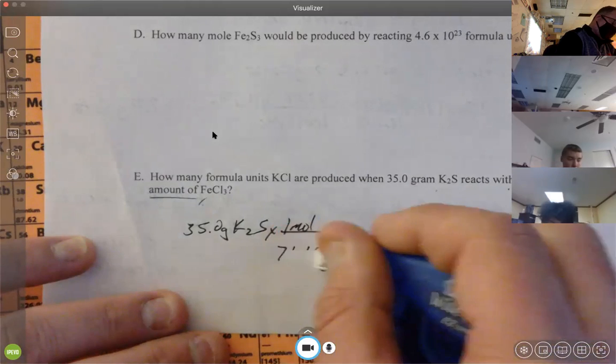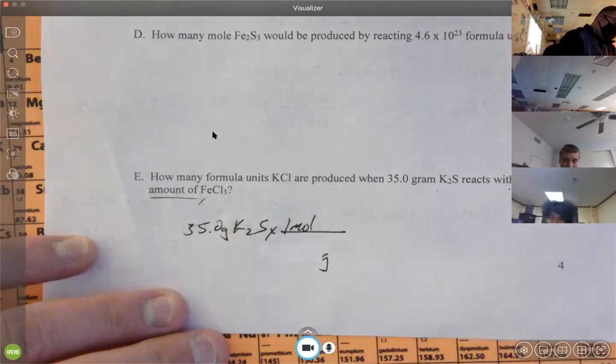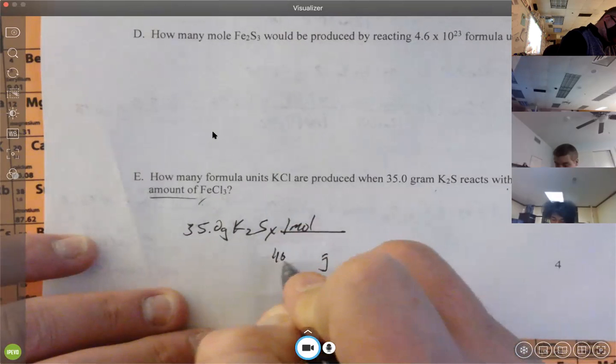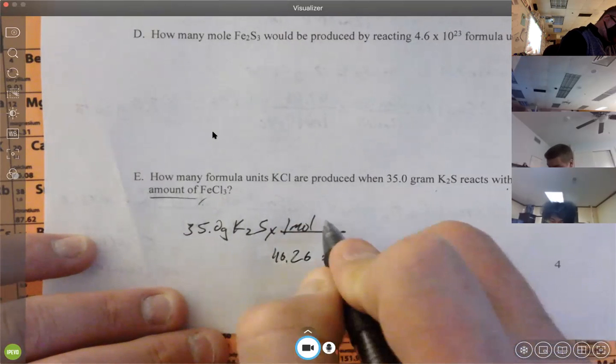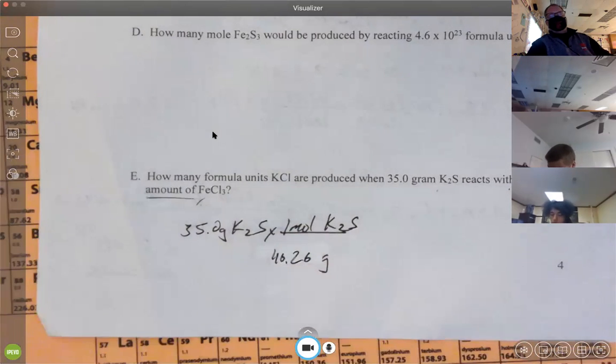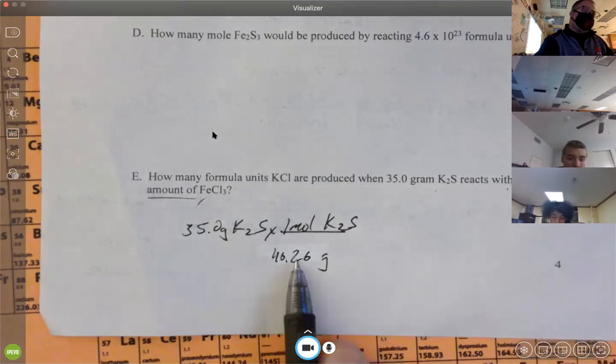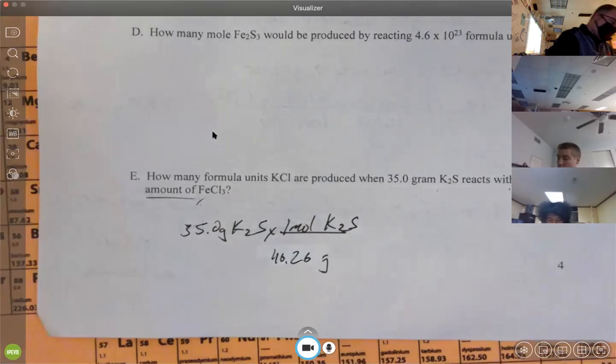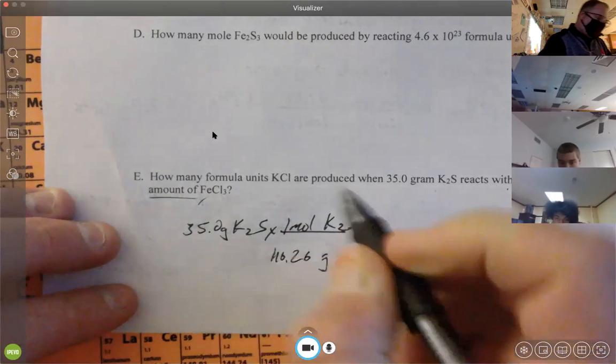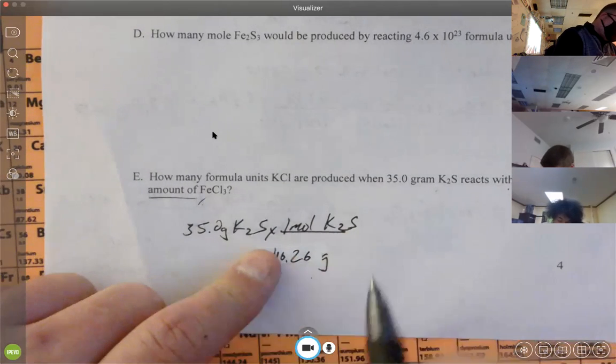It's 110.26. There we go. Is that what you got for the molar mass? 110. Yeah. Okay, cool.